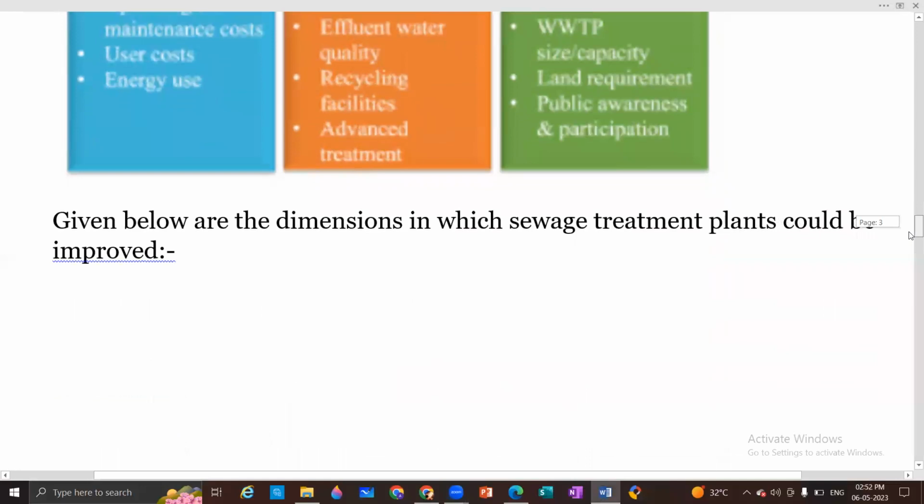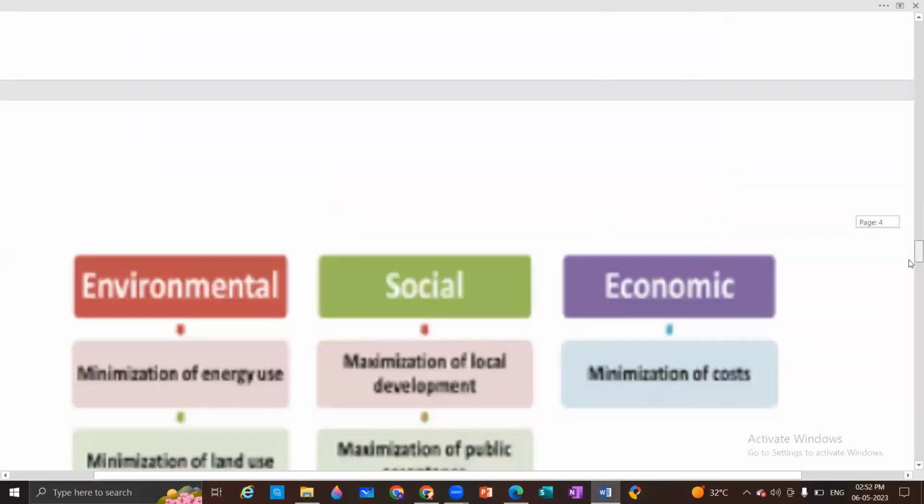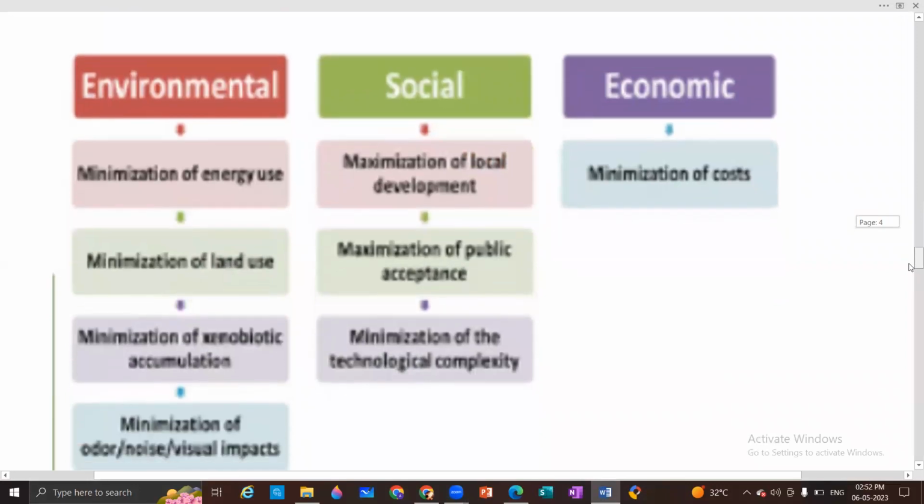So given below are dimensions in which we can improve sewage treatment plants. So first is minimization of energy, minimization of land use, minimization of biotic accumulation, and minimization of odor, noise, and visual.